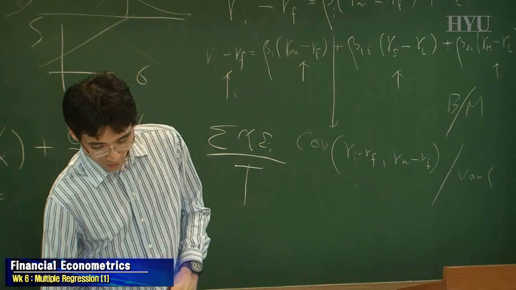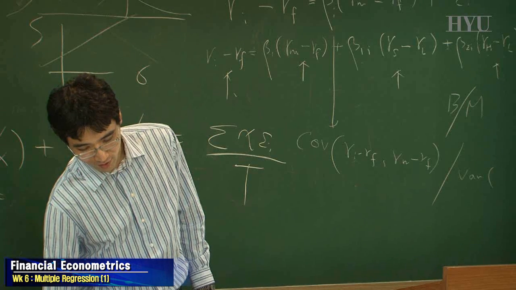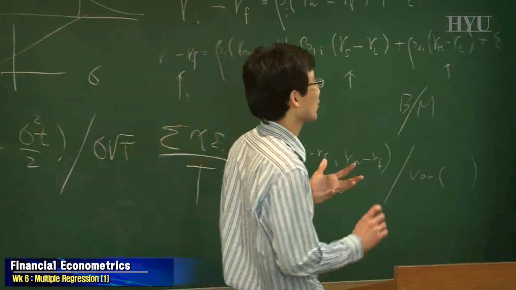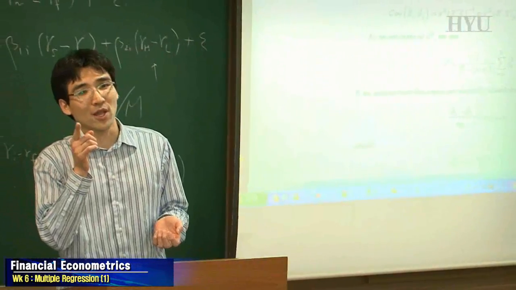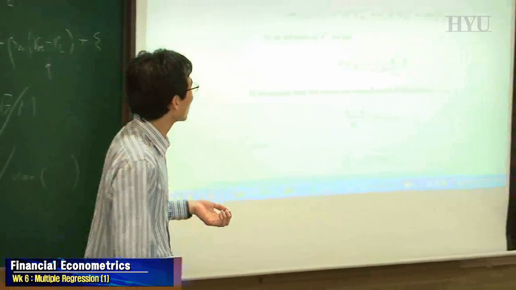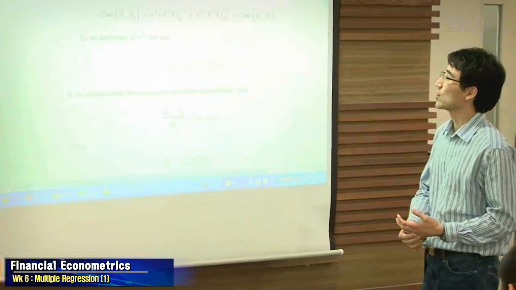And as an estimate of sigma squared, in this case sigma squared is our assumption, right? We are assuming that the epsilons all have the same variance and are independent of each other. But the problem is that we don't know exactly the value of this one. So for the estimation, we use this one.